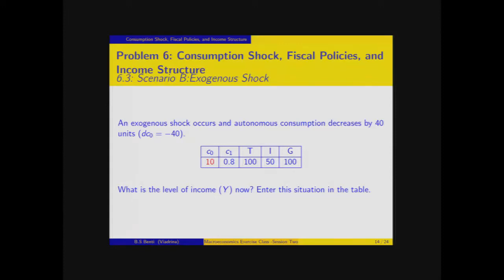This is again to say ΔC0 is minus 40. What is the level of income now? Enter the situation in the table. So we would follow the normal calculation procedure, and we would enter the values in the table as scenario B.